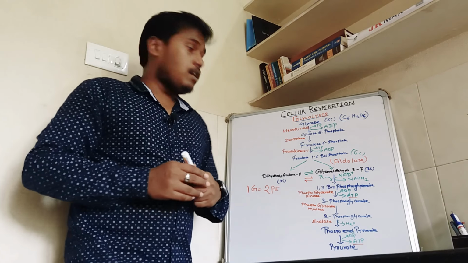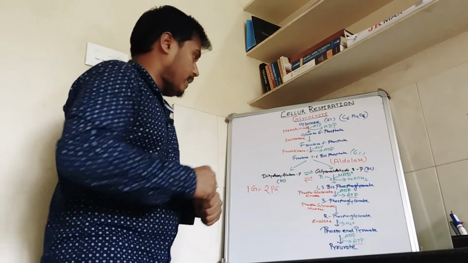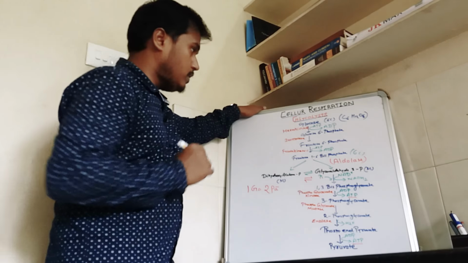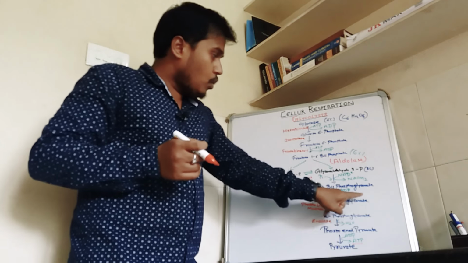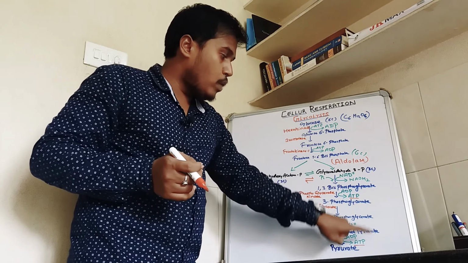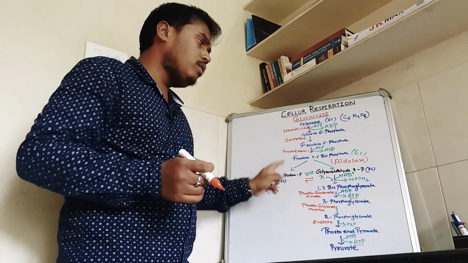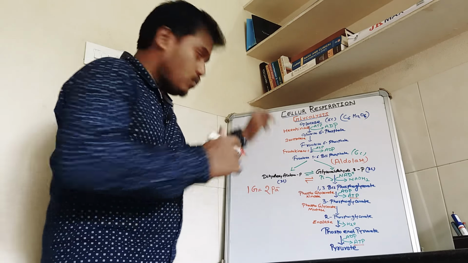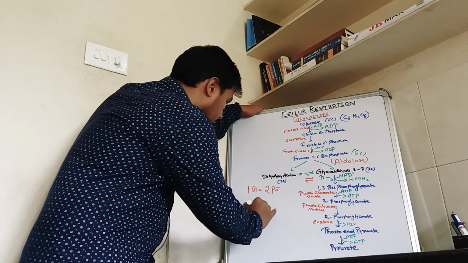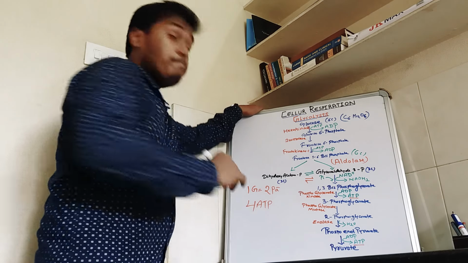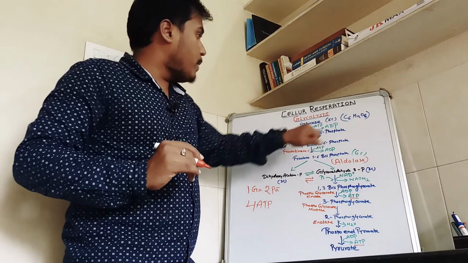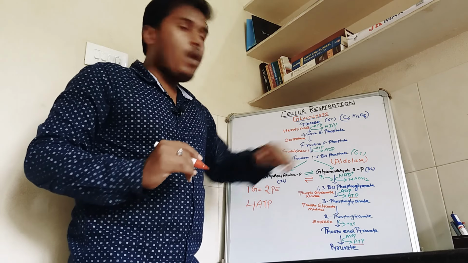Now let us discuss how much ATP we get in glycolysis. In glycolysis we gained 2 ATP from glyceraldehyde, and next 2 ATP from dihydroxyacetone converted again into glyceraldehyde. So in total we gain 4 ATP. But remember, we have spent 1 ATP here and 1 ATP here.